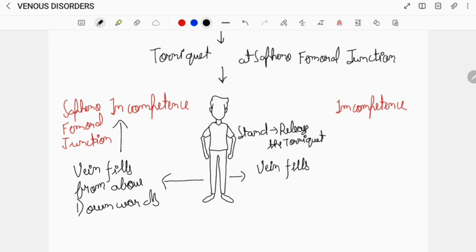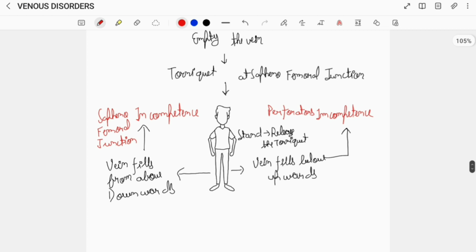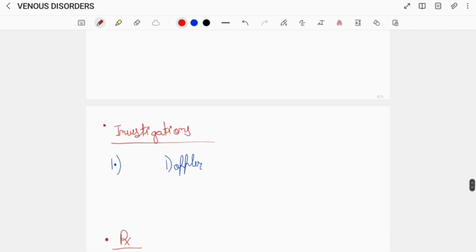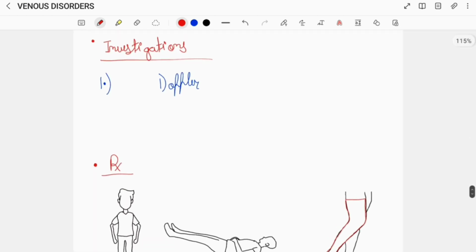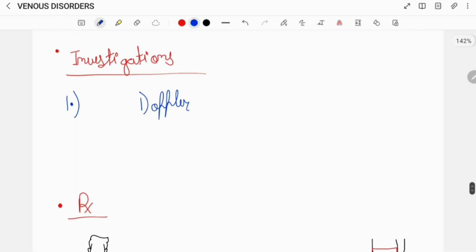In the second case, the vein fills from below upwards. If this is the case, then it means that the perforators are incompetent. We have many more tests for identifying varicose veins. Now next, if I talk about the investigations, we can go for a venous Doppler.